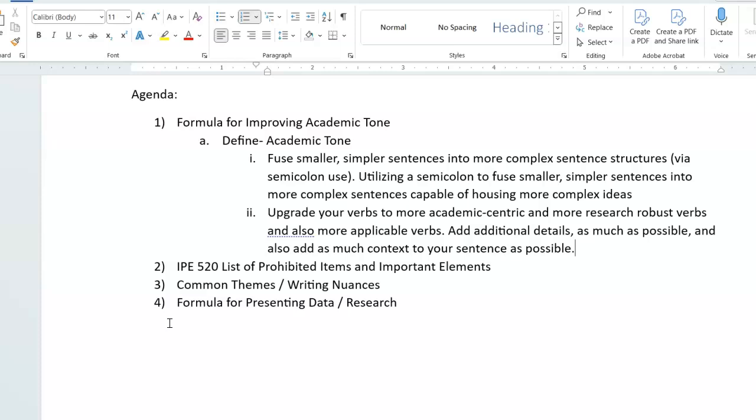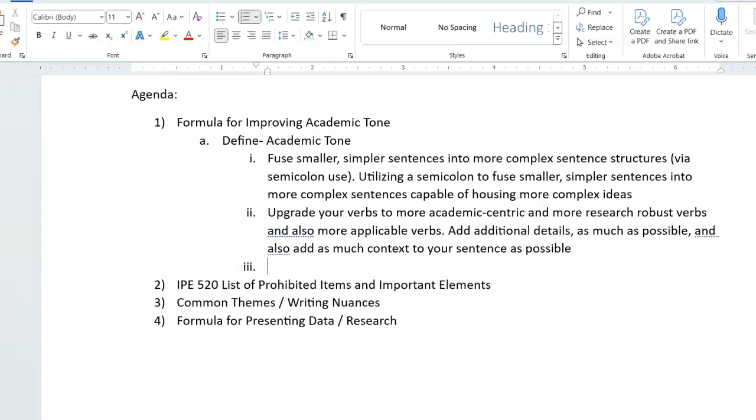So that's step 2. Step 3 is to attribute or cite with a page or paragraph number when required. So after you fuse those sentences together, after you upgrade your verbs and add descriptors and upgrade certain verbiage to more academic verbiage, then you circle back and you attribute or cite so that you are providing the relevant substantiation to any claim that you're making.